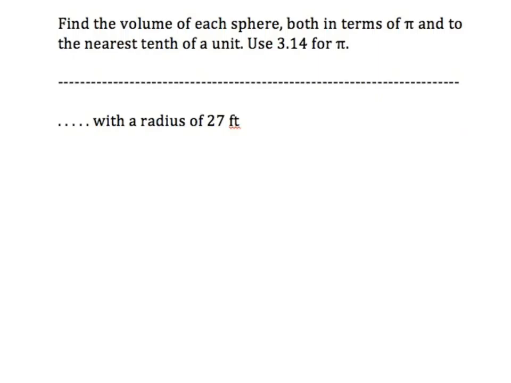Again, volume of a sphere, both in terms of pi and to the nearest tenth of a unit, using 3.14 for pi. We don't have a picture, but we do have a radius. That's all we need for a sphere. Here's our formula. Volume equals 4/3 pi r cubed. Do you have it memorized yet? You're going to need to. Plug in for r, we're going to substitute in 27 because that's our radius.